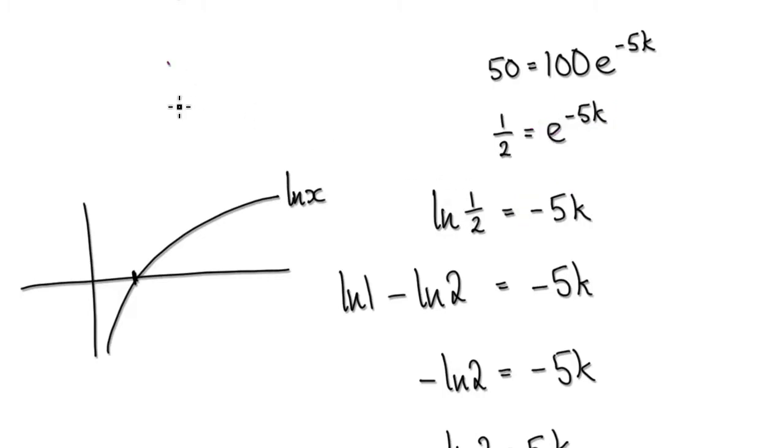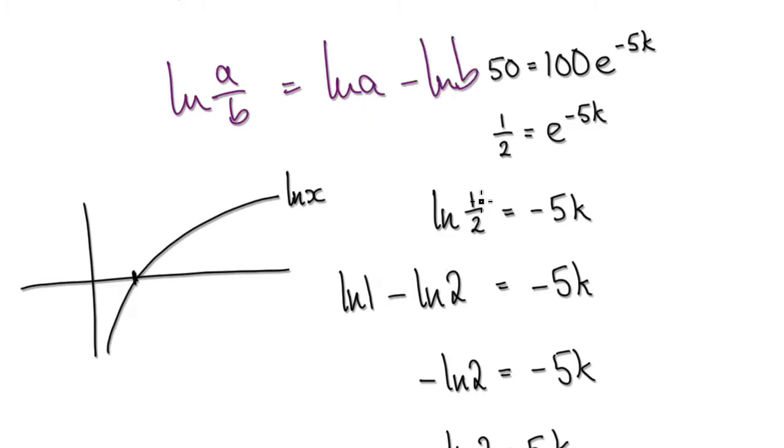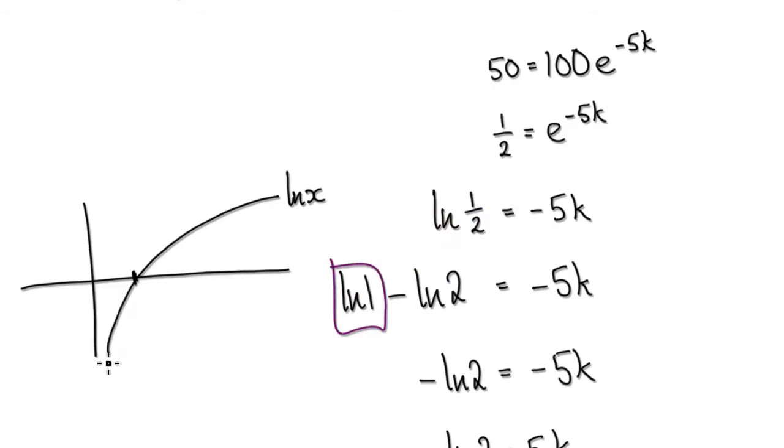And remember, log of a over b is the same as log of a take away log of b. So a half would be log of the top and then log of the bottom. Well, natural log of 1, remember the natural log graph looks like this. This is 1. Natural log of 1 is actually 0. So that will then give us this.